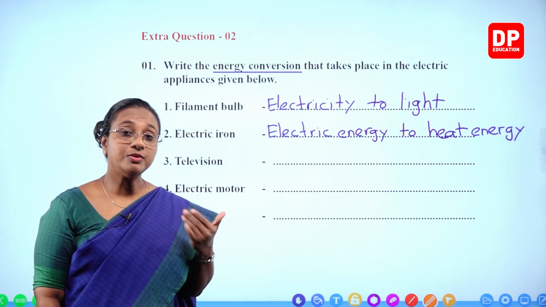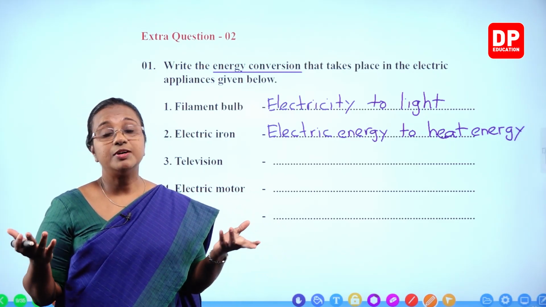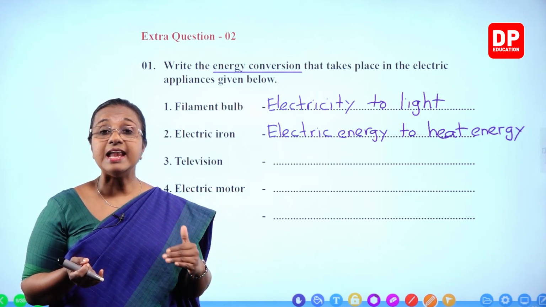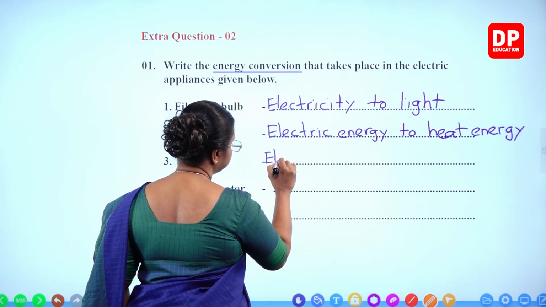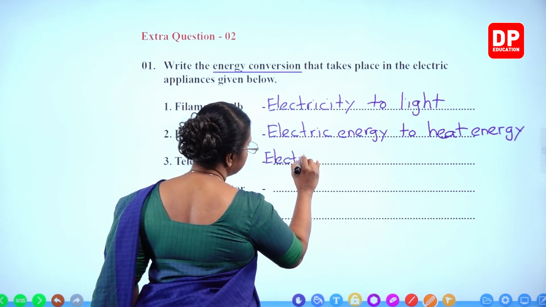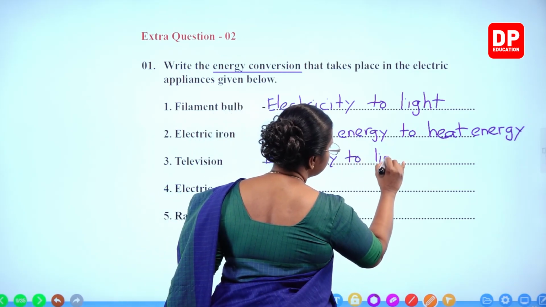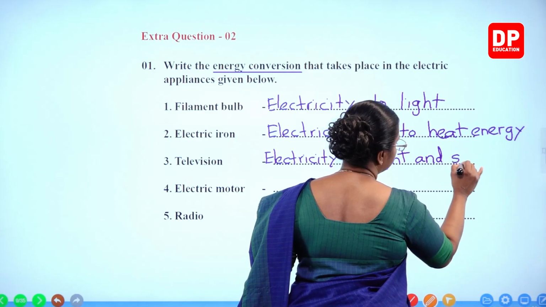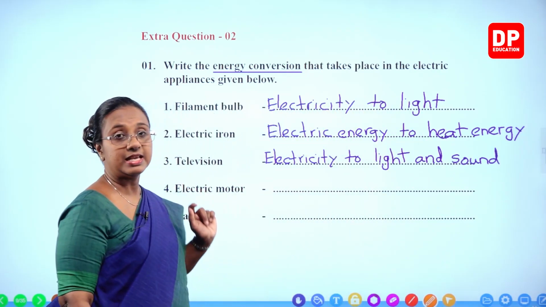You hear the sound and also you see the movie or whatever program that you are watching. So there it is both light and sound energy. So electricity to light and sound. Both forms of energy in television.